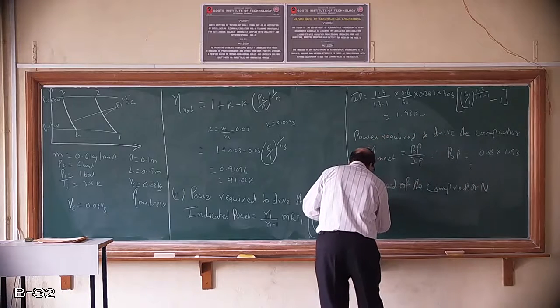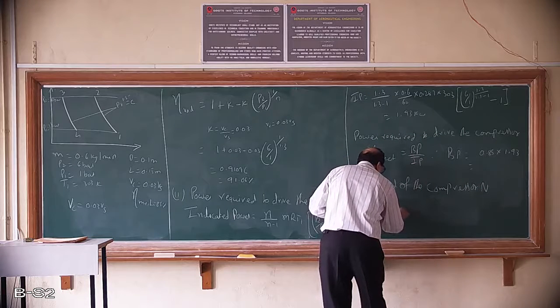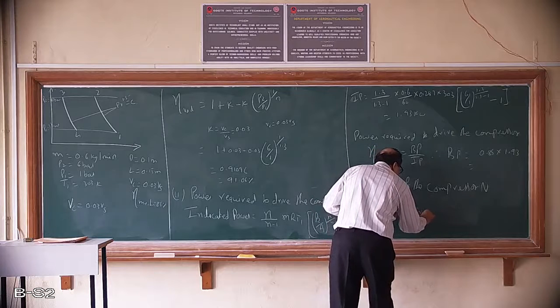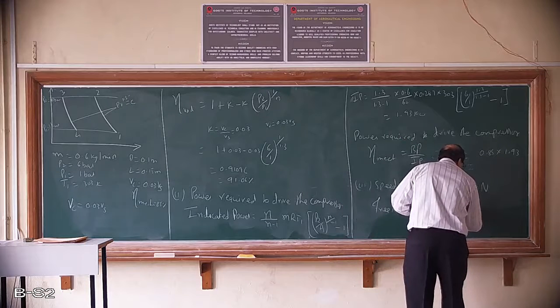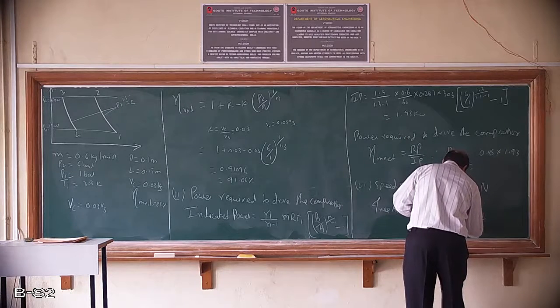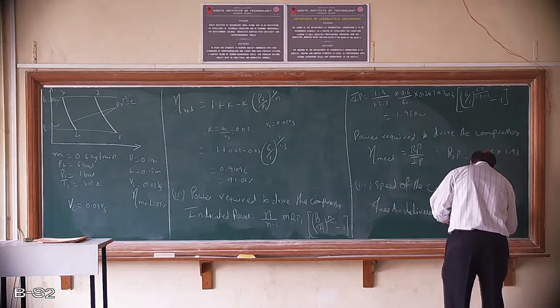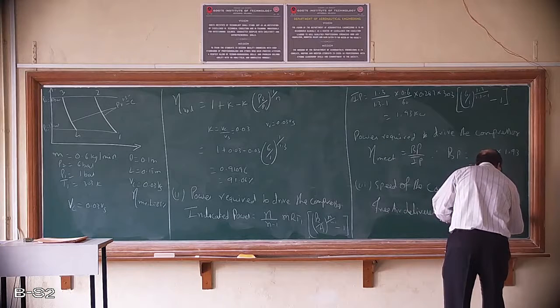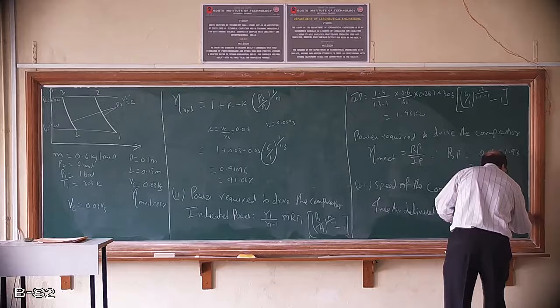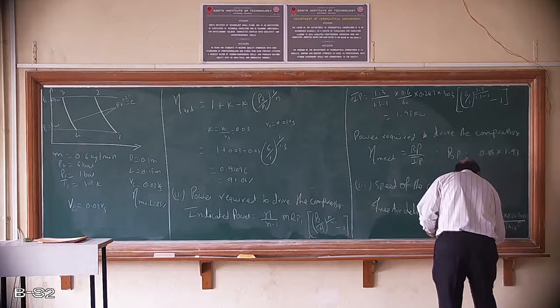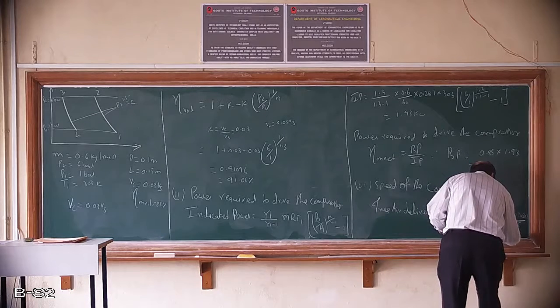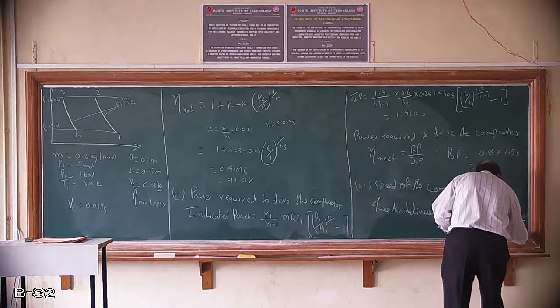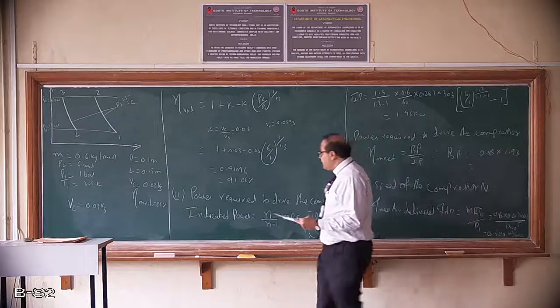We know free air delivered, FAD, is equal to m R T1 by P1, which is 0.6 into 0.287 into 303 divided by 1 into 10 raised to 5. We get this as 0.5218 meter cube per minute. So free air delivered is calculated.